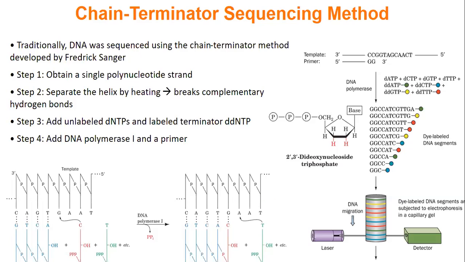So what you do is you take your DNA and you separate it. So you get your DNA, just a single strand, and then you separate that strand by heating it. So you break the double helix. Then what you do is you add dNTPs or ddNTPs.